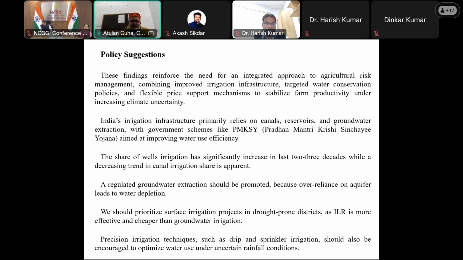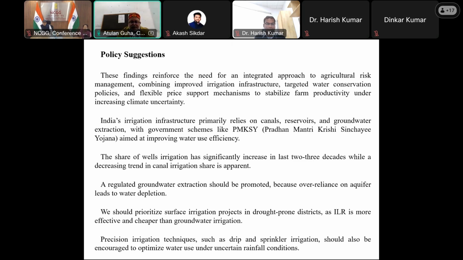India's irrigation infrastructure primarily relies on canals, reservoirs, and groundwater extraction, and government schemes like PMKSY are aimed at water use efficiency. The share of well irrigation has significantly increased in the last two to three decades, while a decreasing trend in the canal irrigation share is apparent.